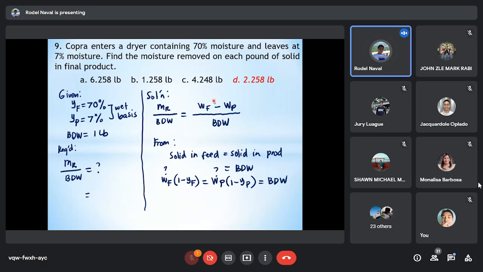Daghan na may lisod nga problema aning dryer class ha. Dili kay kinira actually kung pasulbon man ni bisa ni madali dayon.